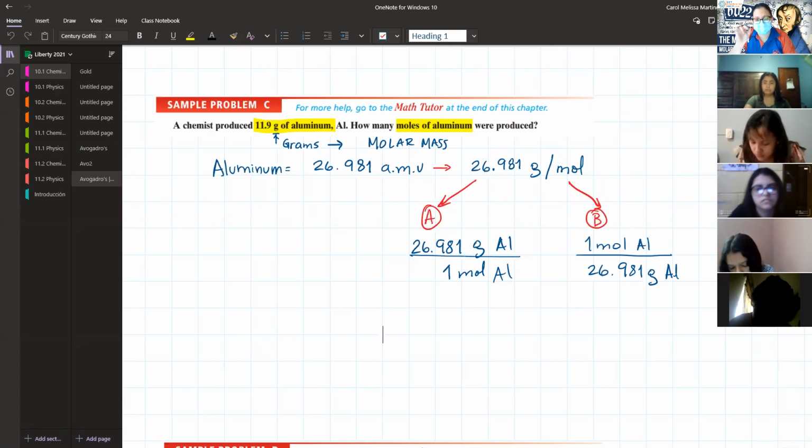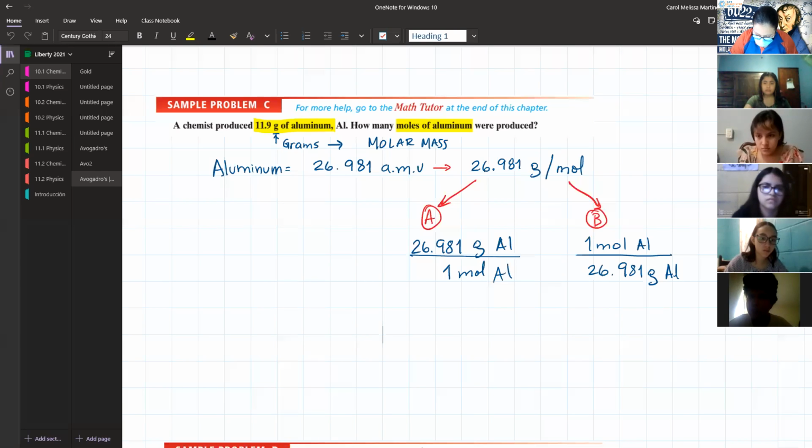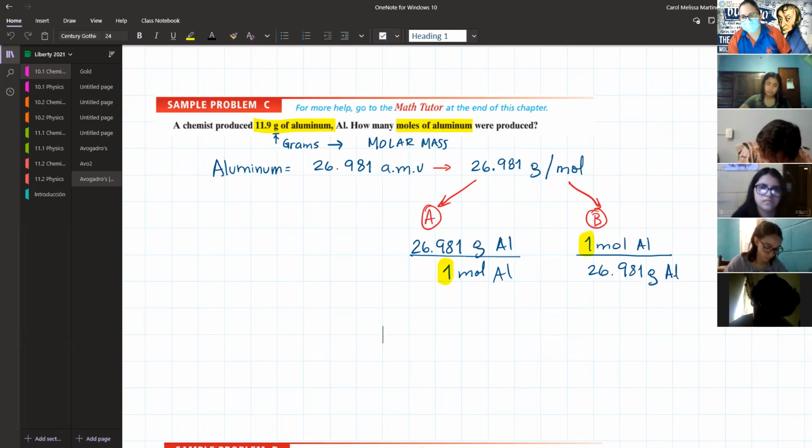So always in the denominator is going to be 1 mole. The molar mass will always depend, only that we should consider that it is always going to be 1 mole, because all the atomic masses in the periodic table are for 1 mole.